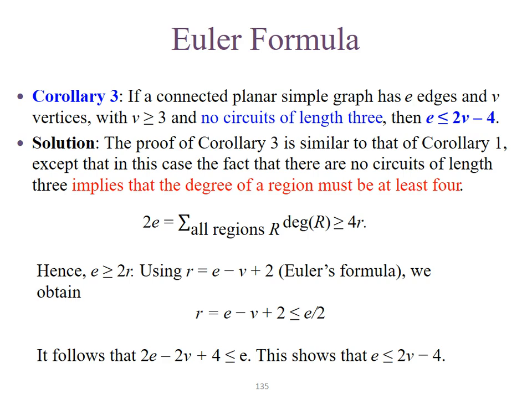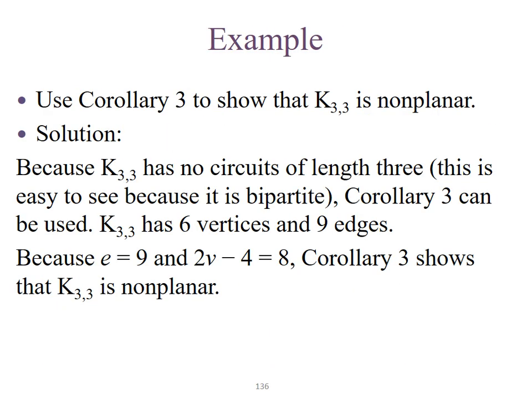So remember, if it is a planar graph with no triangles, then E is less than or equal to 2V minus 4, which is logically equivalent to not Q implies not P. If E is larger than this number, then it is not a planar graph. Now we can see for K3,3, we have 6 vertices and 9 edges. So E is 9 and 2V minus 4 is 8. So E is not less than or equal to 2V minus 4, which means K3,3 is not a planar graph.